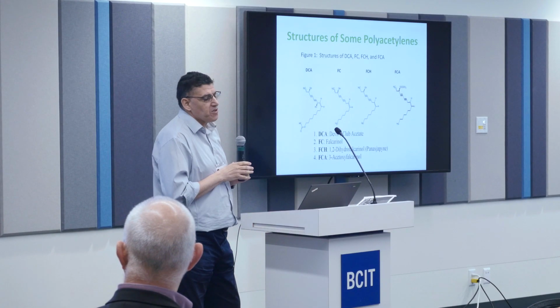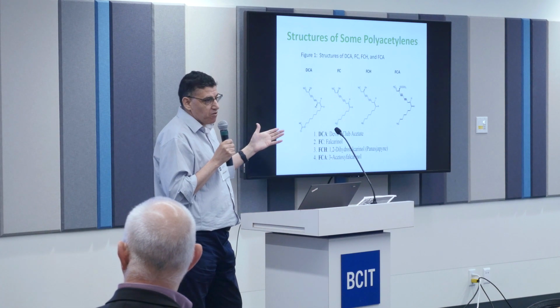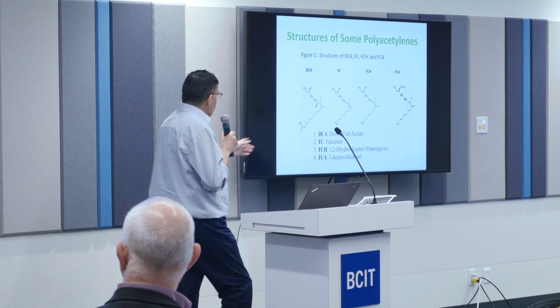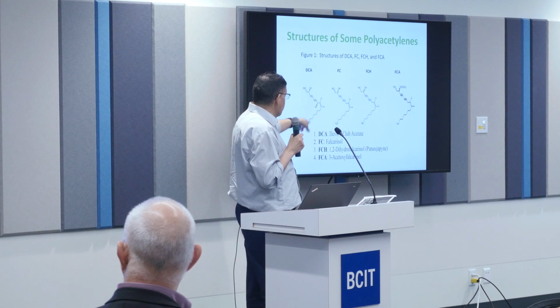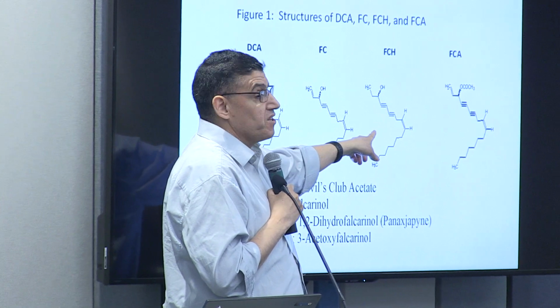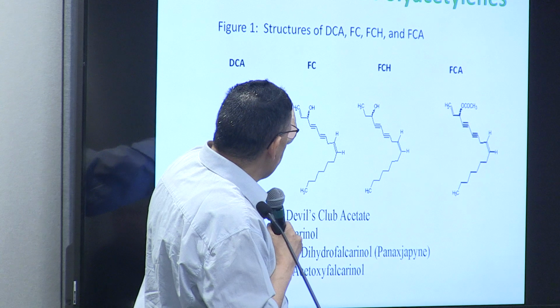Before I come back to the bioactivity, let me first give you a summary of the compounds that we have identified here at BCIT. Remember, the first compound was DCA, which was extracted. The second compound I synthesized with a single bond here, and then FC with a double bond here.